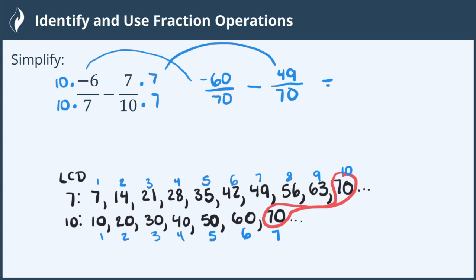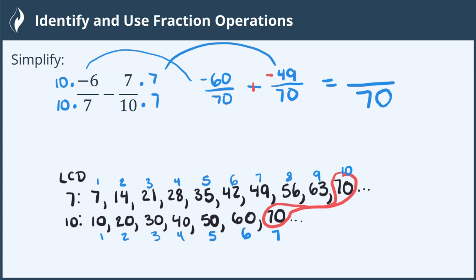All right, so now I have a common denominator, which means I can add or subtract these fractions, and the denominator is the same least common denominator of 70. So I have negative 60 minus 49. I am actually going to change this to add the opposite so that it helps me see the operations here.